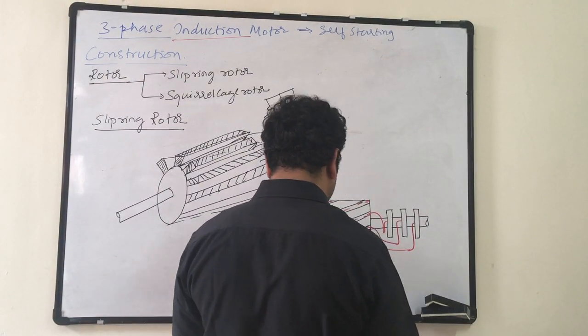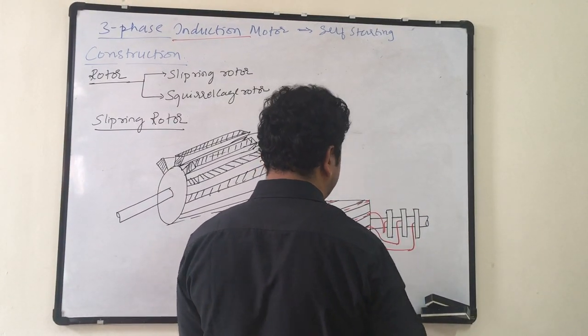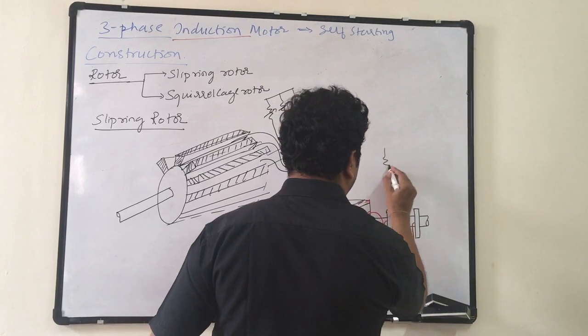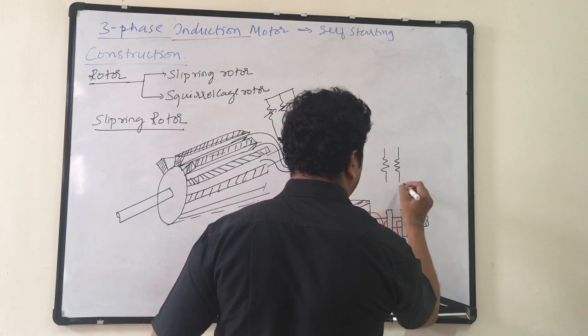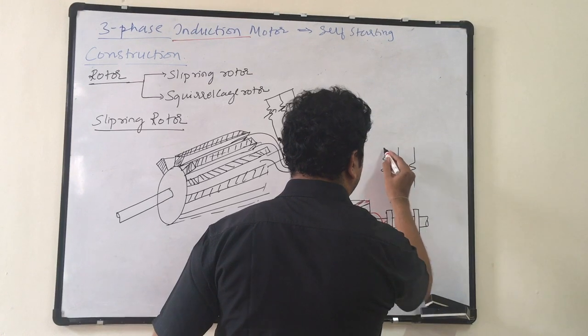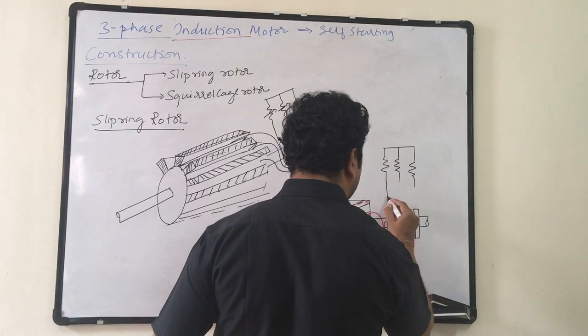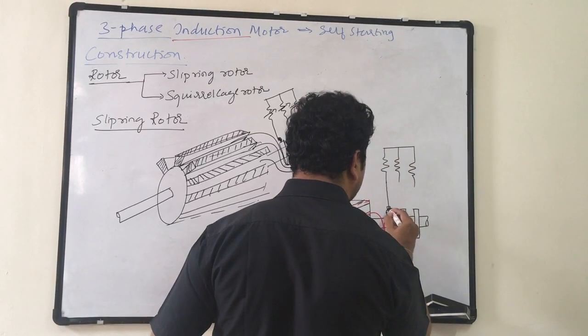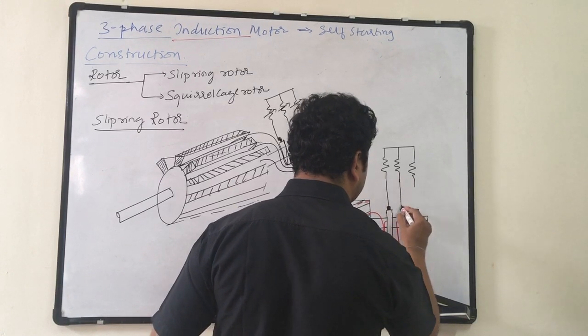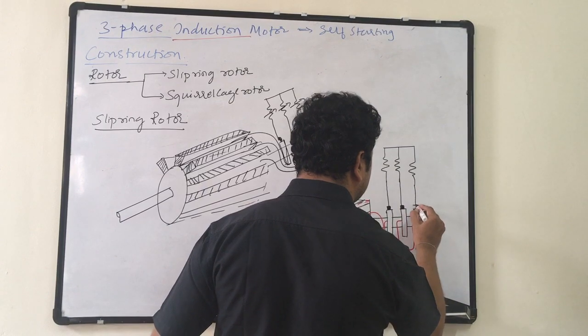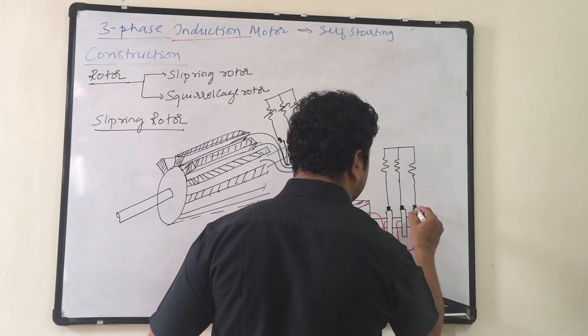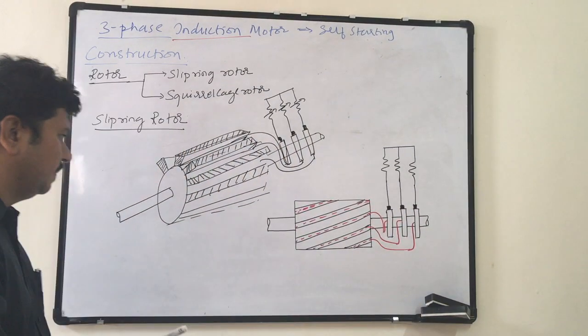So this is the resistance, the star connected resistance we generally use. These are the carbon brushes.